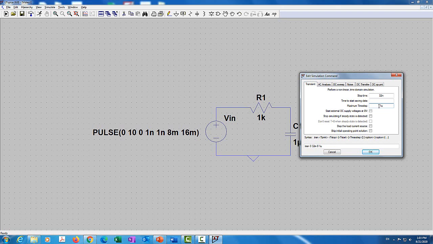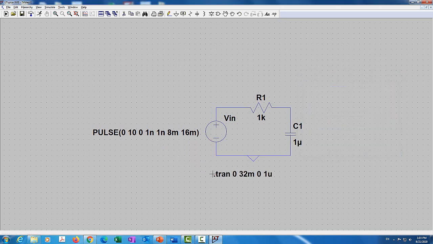So the algorithm is a little bit smart when it runs the simulation. It will decide what the next step size is going to be, and then based on that, it will evaluate the next sampling point. But it is adaptive. It can't go any larger than 1 micro.